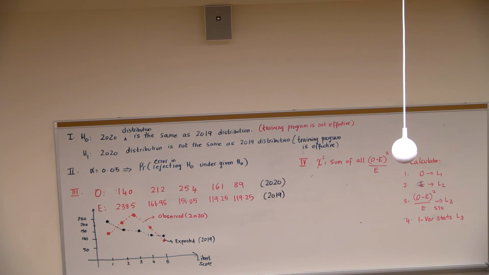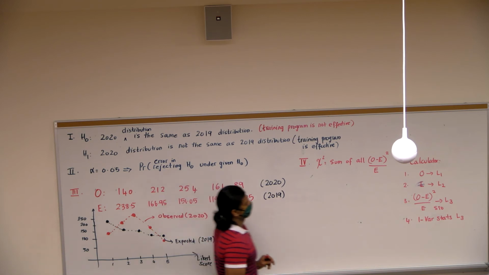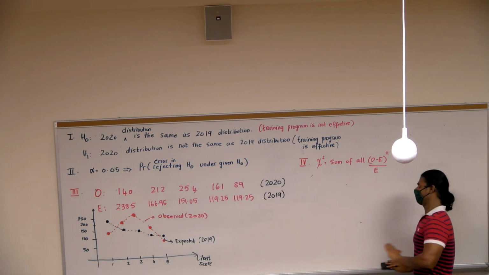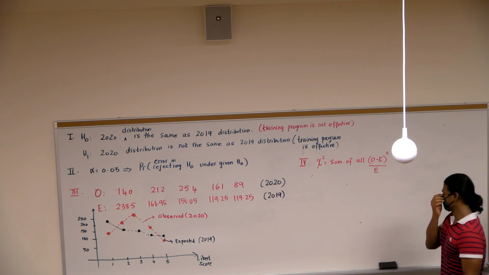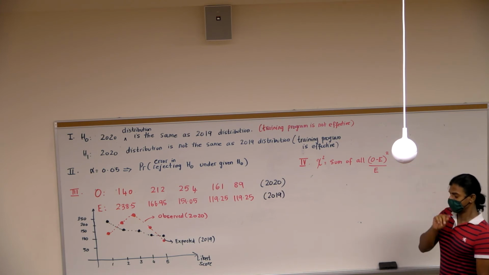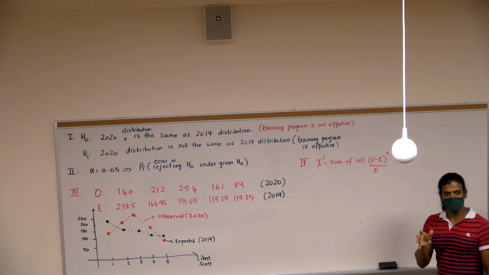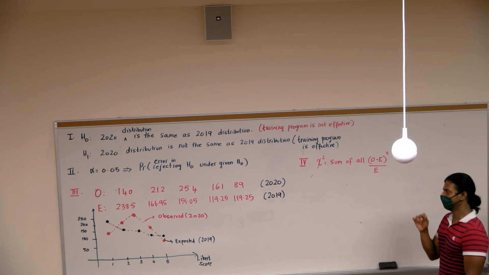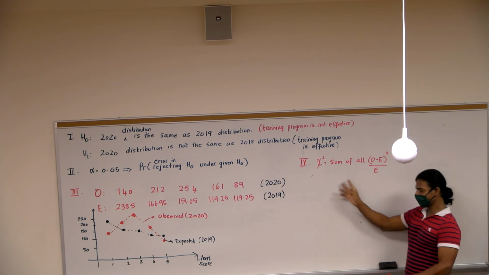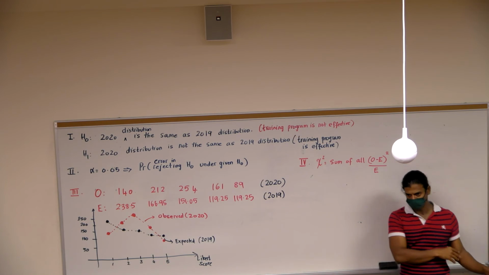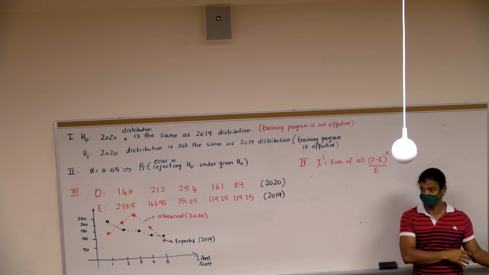So here is the key for you to guess the answer even before you start the problem. Remember earlier in the semester I said if the p-value is really, really low, you will reject the null. In a similar manner, if the chi-square value is significantly large, then by default the p-value is going to be really, really low.